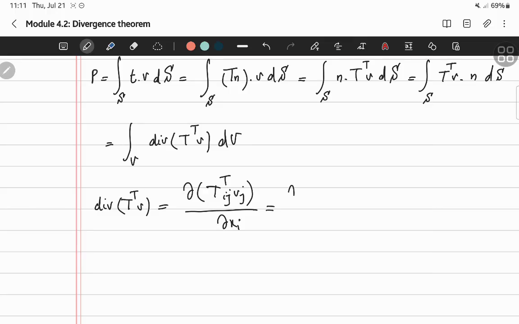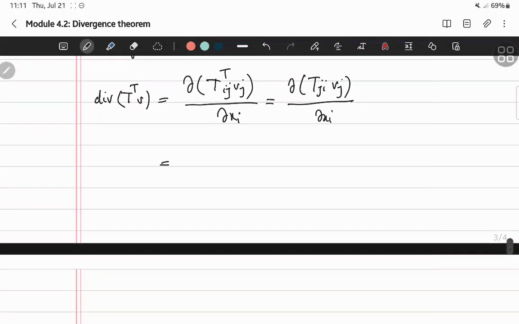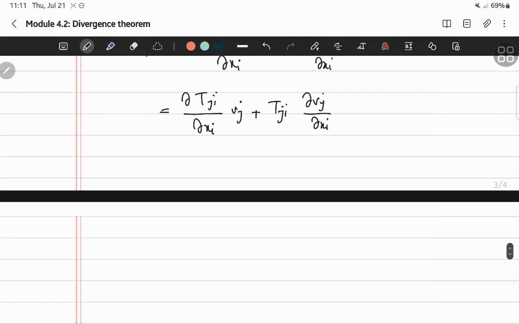So then I take the derivative of tji vj with respect to xi, which is equal to the partial derivative of the first one, tji with respect to xi vj plus tji partial derivative of vj with respect to xi.